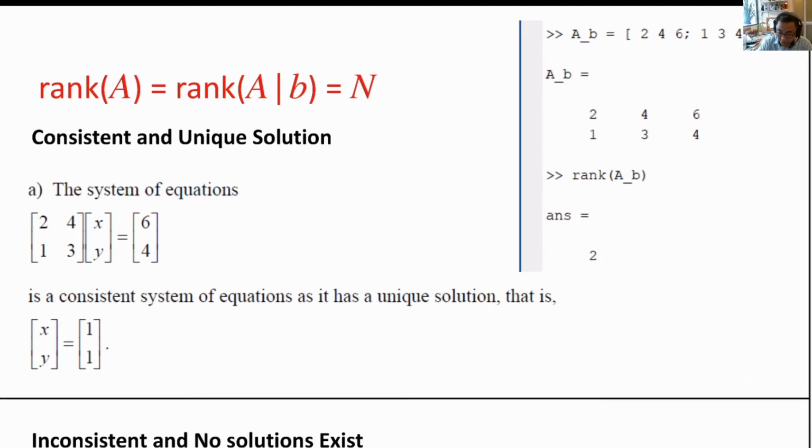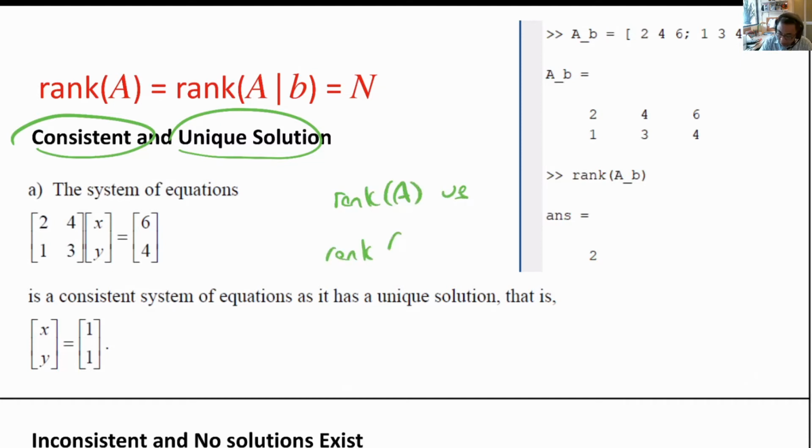This way of solving or finding that the system of equation is consistent and unique is troublesome and difficult. Is there a simpler way? In this lecture, we have learned that by doing this, rank of A versus the rank of the augmented matrix A and B, and we check whether they are the same rank.